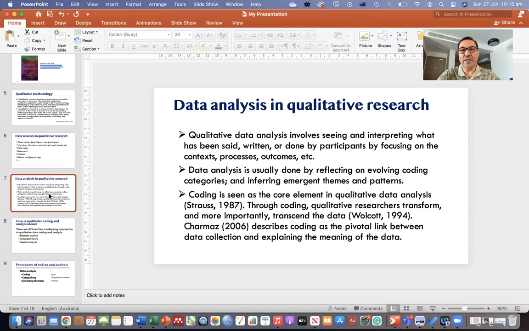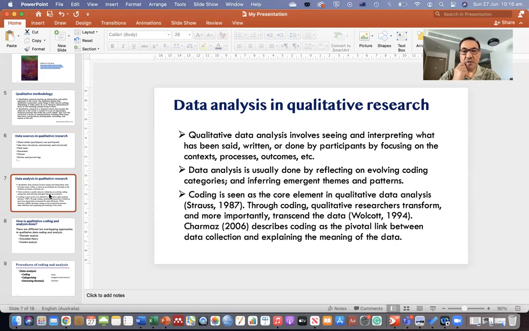Basically, the raw data do not convey any particular picture or pattern. They are like jigsaw puzzles: you have lots of pieces, but there is no meaningful pattern unless you start to see and interpret and put them together.